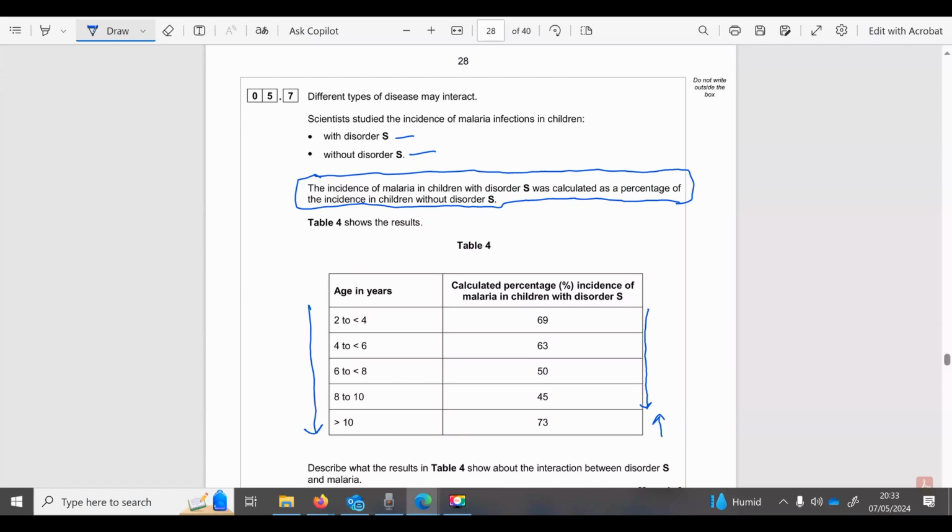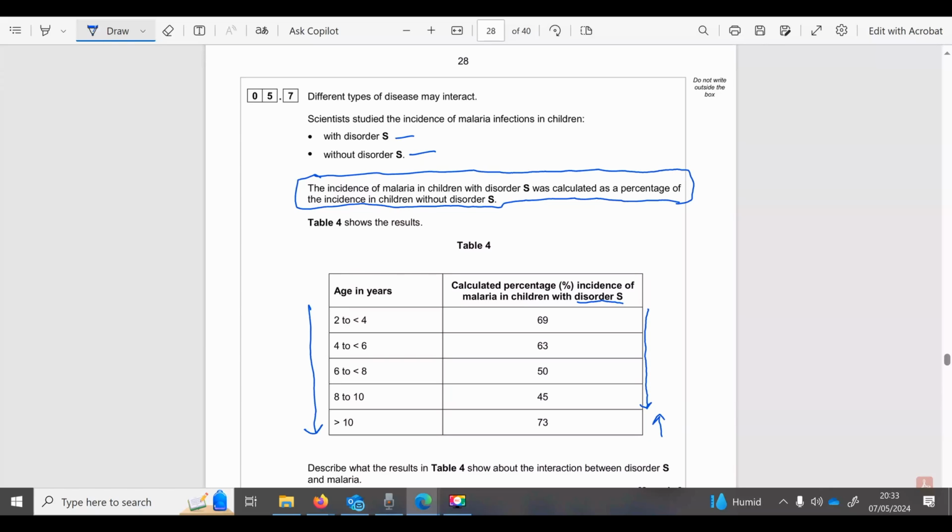The incidence of malaria in children with disorder S, so in this table, was calculated as a percentage of the incidence in children without disorder S. Remember that they're trying to study children with disorder S and without disorder S. So what this is telling us is that these percentages are those with disorder S, but it's saying it as a percentage of those without disorder S. So it's not a percentage of all the children, it's a percentage of those that do not have disorder S also.